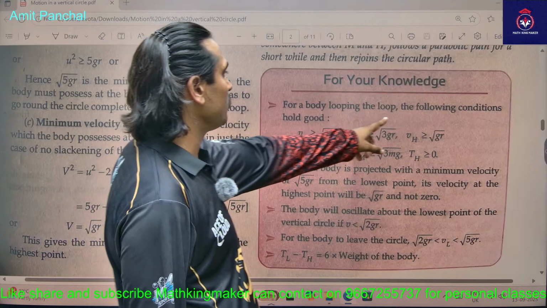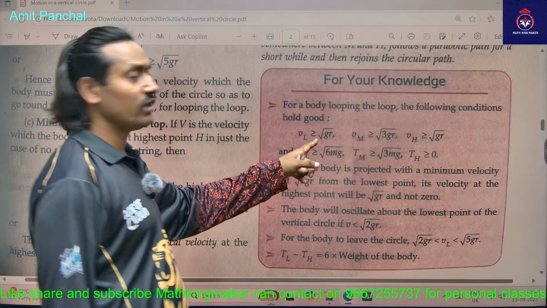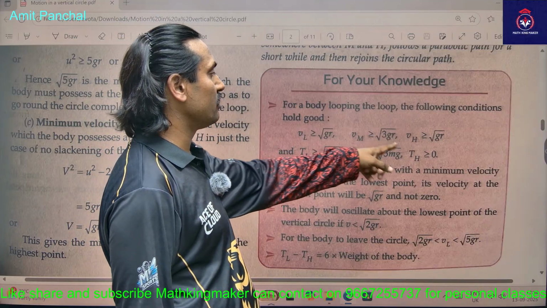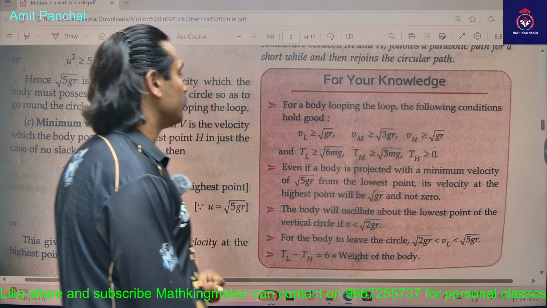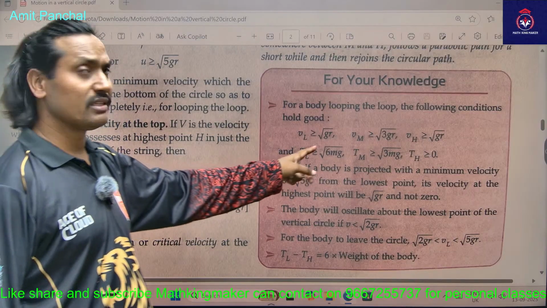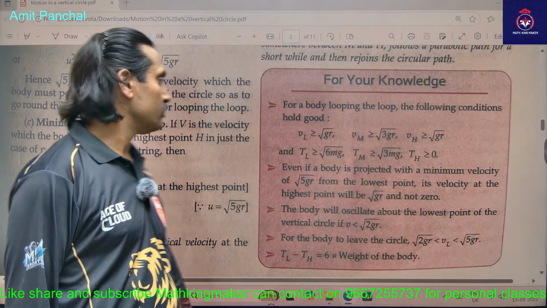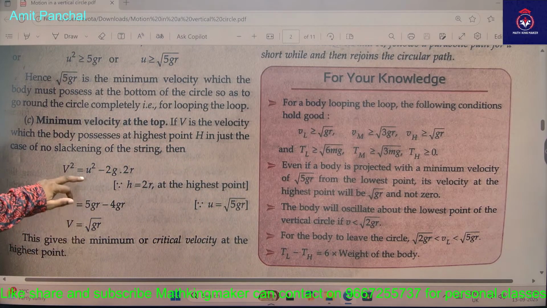For a body looping the loop, the following conditions hold good. VL must be greater than square root of 5gr, VM must be greater than square root of 3gr, VH must be greater than square root of gr. TL is greater than 6 mg, TM is greater than 3 mg, TH is greater than 0.